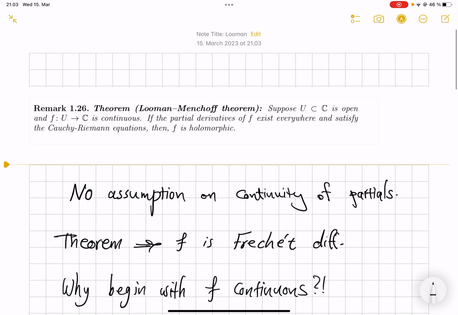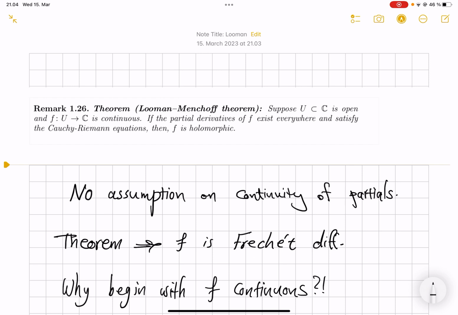So there you go. This is one of those theorems that is just so beautiful. It reminds you why we love math and takes us back to the roots and classics. This is so satisfying, just because you know partials exist and the Cauchy-Riemann equations hold, you get such strong conclusions.